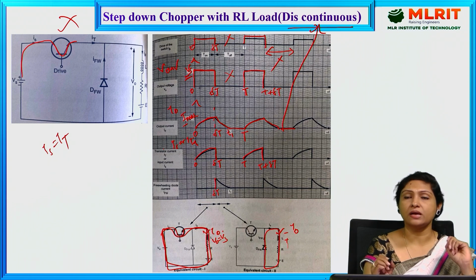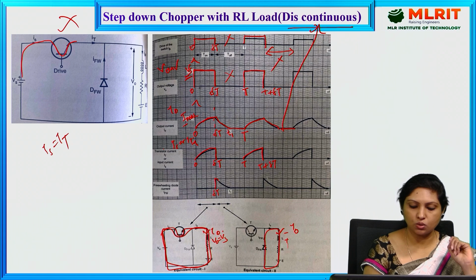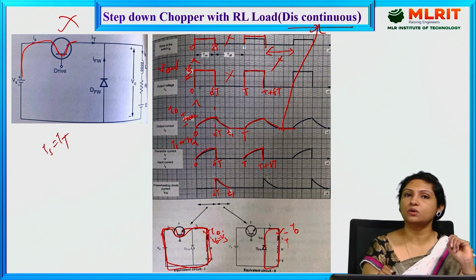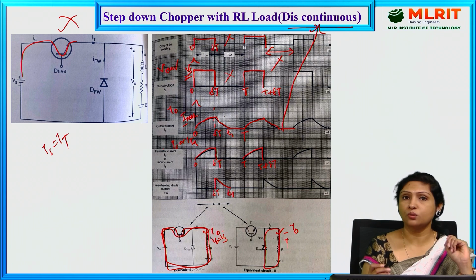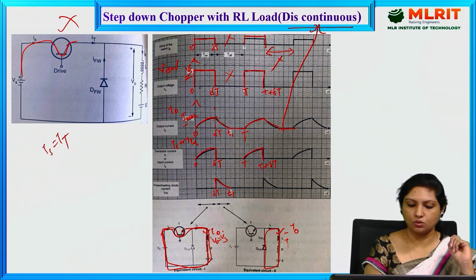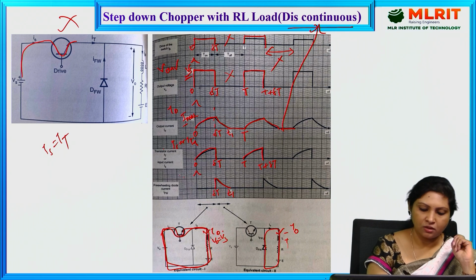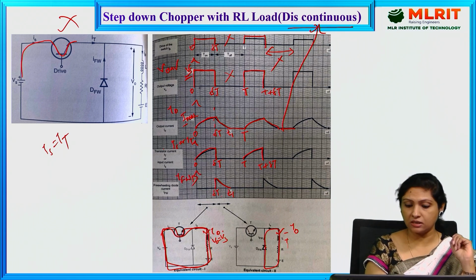As long as the energy stored in the inductor is completely dissipated. And once the energy stored in the inductor is 0 at this instant called t1, the freewheeling diode will also get turned off. So that is the reason the waveform for the freewheeling diode is indicated right from this instant called delta t to t.